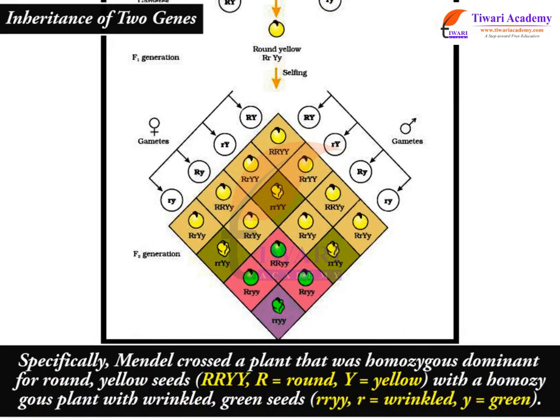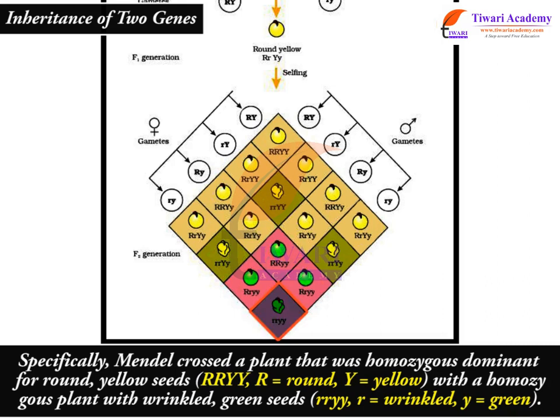Specifically, Mendel crossed a plant that was homozygous dominant for round, yellow seeds, capital RR, capital YY. Capital R is equal to round, capital Y is equal to yellow, with a homozygous plant with wrinkled green seeds, small rr, small yy.